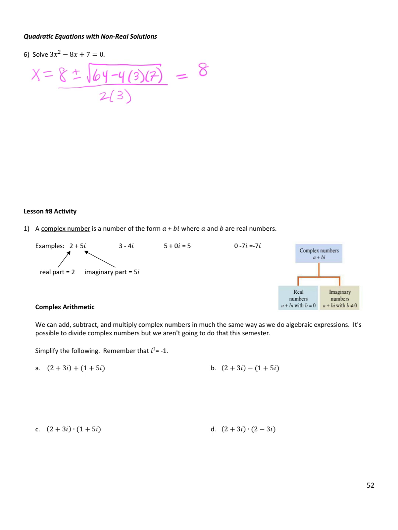So that's 8 plus or minus the square root of 64 minus 4 times 3 times 7, which is 84, all over 6. So that's 8 plus or minus the square root of negative 20, all over 6.